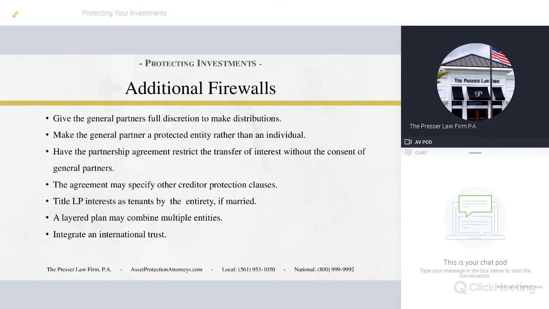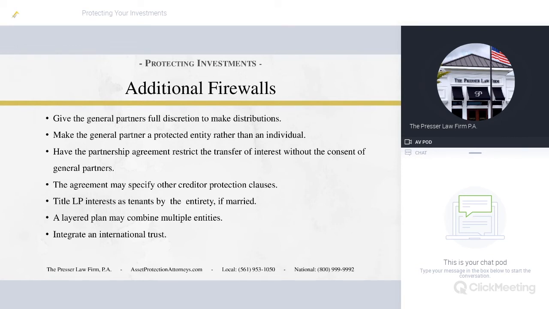That's not the way to do it. The way to do it is to make sure that the IRS is fully notified as to anything that you're doing. You get tax ID numbers for any entity that you set up, whether it's domestic or international, and you file all necessary returns and disclosures.